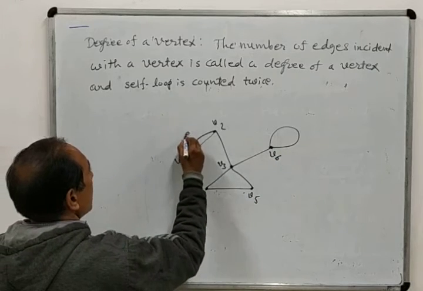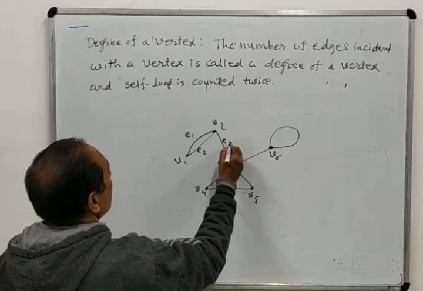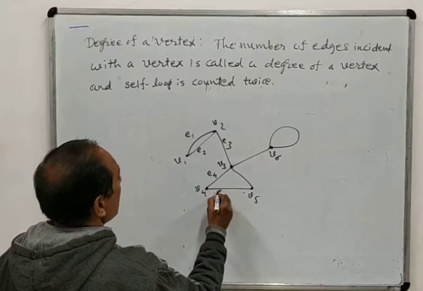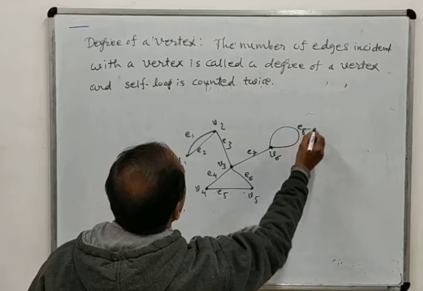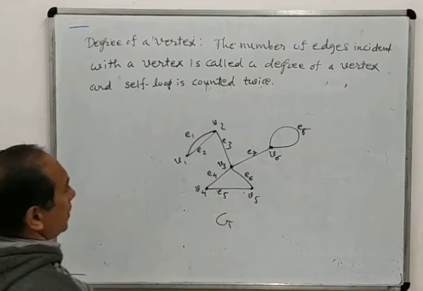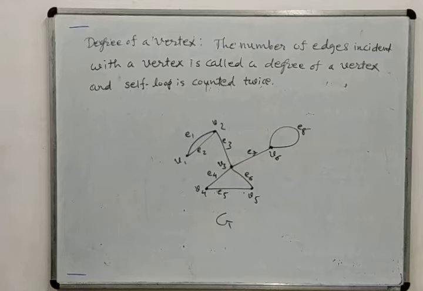Here are the edges E1, E2, E3, E4, E5, E6, E7, E8. So you can see this is the graph G. Now we want to see about the degree of a vertex.